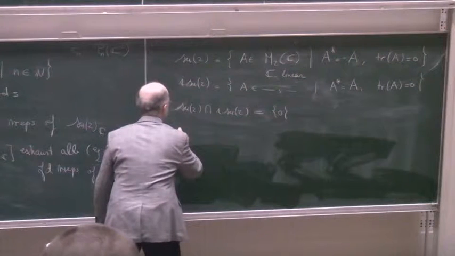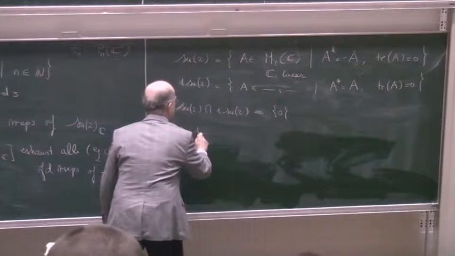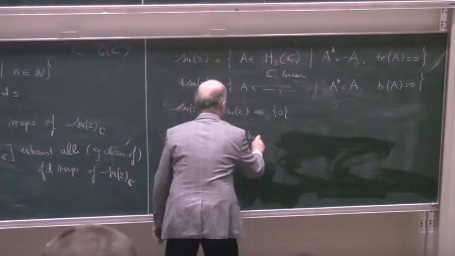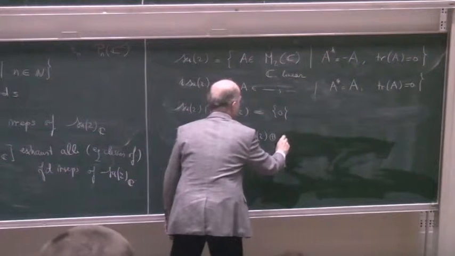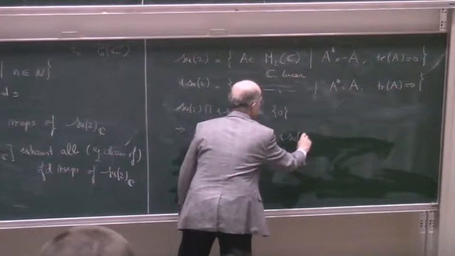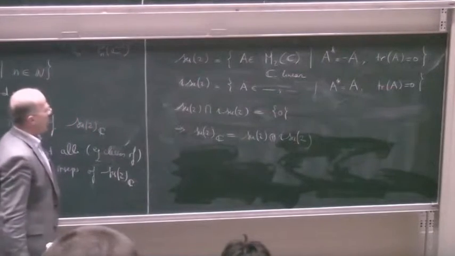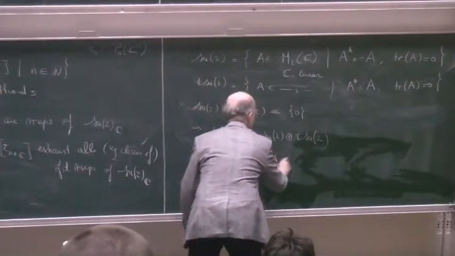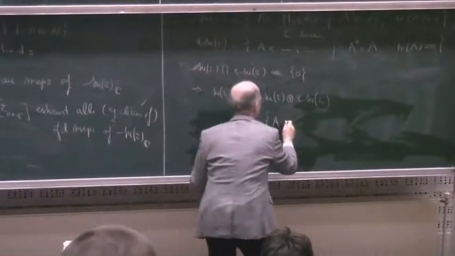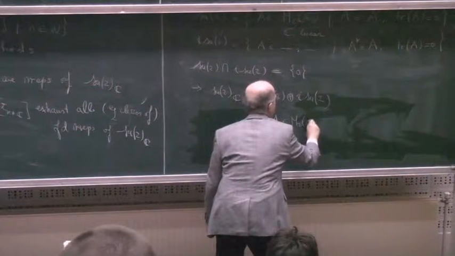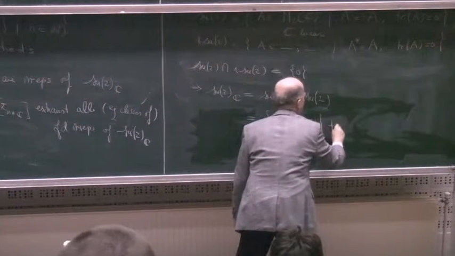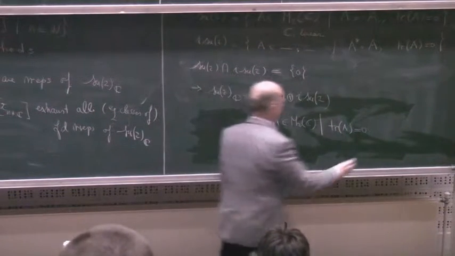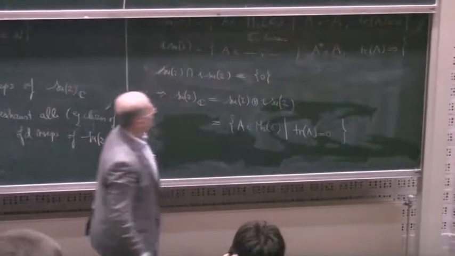So hence, the complexification of su2 is su2 direct sum i times su2. And this consists of all complex 2 by 2 matrices of trace 0. And that's it. There is no additional condition on A.